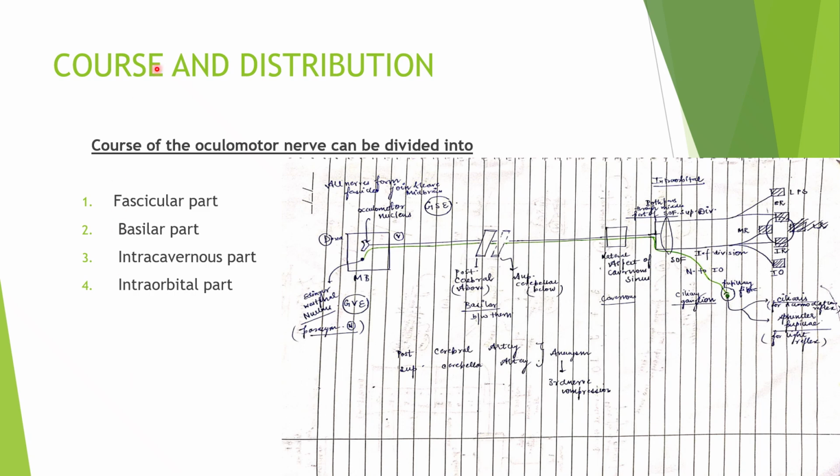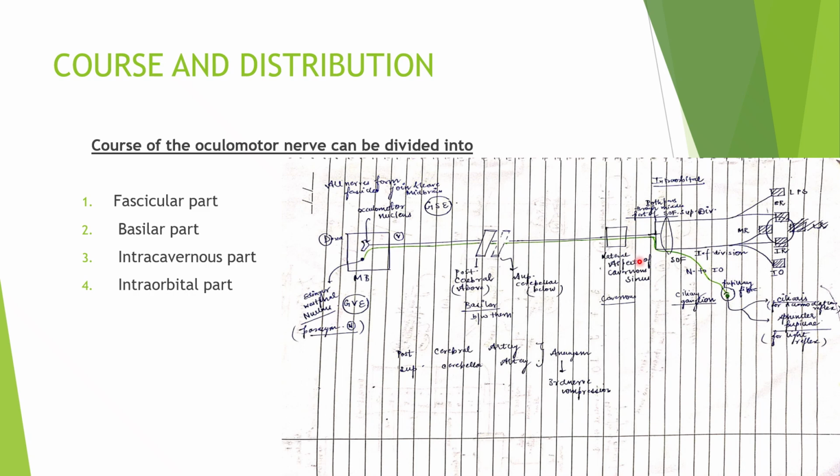Course and distribution. The course can be divided into the fascicular part and the basilar part. It passes through the ventral aspect of the midbrain, and all the nerve fibers from the fasciculus join and leave the midbrain through this ventral aspect. So this is the fascicular part. Then it passes in between the posterior cerebral artery above and the superior cerebellar artery below. So this is the basilar part.